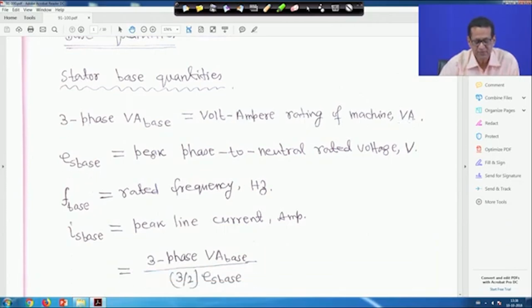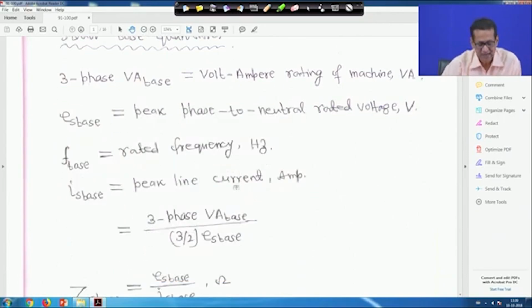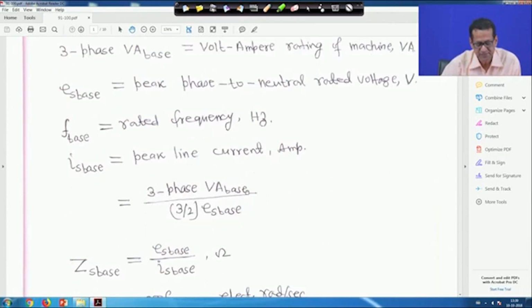ES base is equal to the peak phase to neutral rated voltage in volts. F base is equal to rated frequency in Hertz. IS base is equal to peak line current in ampere, that is 3 phase volt ampere base divided by 3 by 2 ES base.